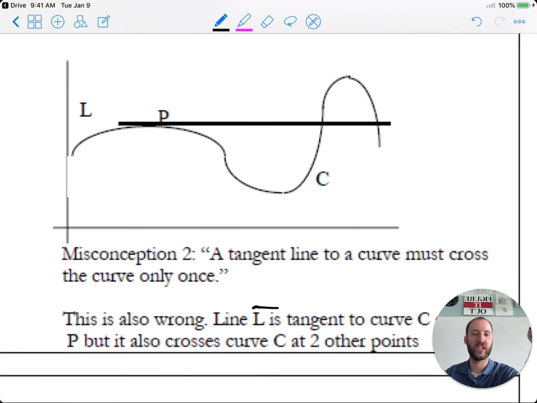the rate of change. So line L, a horizontal line, at point P, the curve has a 0 rate of change, and then as the line goes on, the curve changes direction to intersect it, but at point P, L is describing the rate of change.